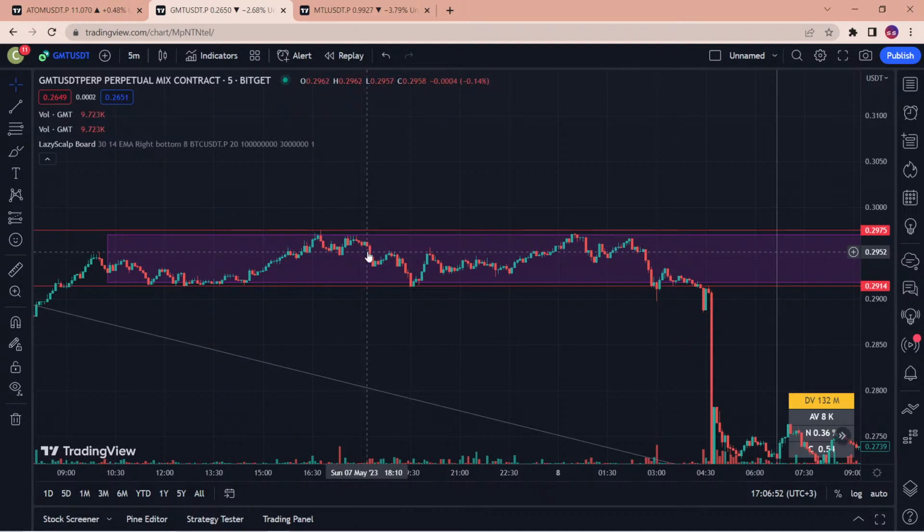Moreover, a long loading, as you understand, when the huge player is inside consolidation, he's trying to load his position because he is grabbing some liquidity because he needs a lot of this liquidity.